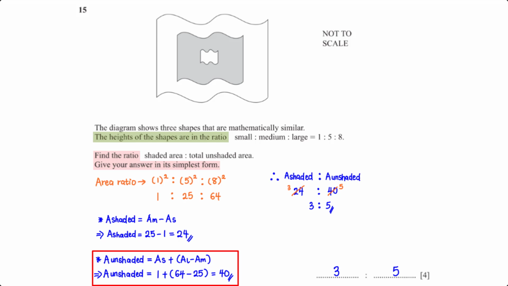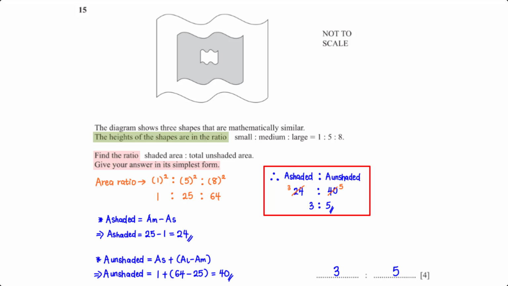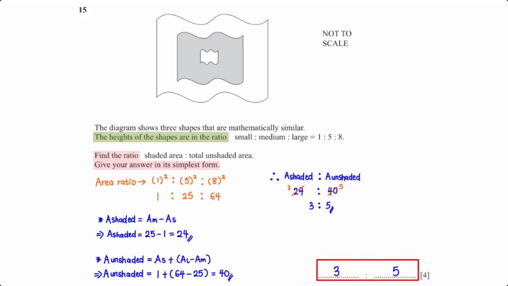This gives us 1 plus 64 minus 25, which is equal to 40. So now the shaded area to the unshaded area will be 24:40. 8 goes into 24 3 times and 8 goes into 40 5 times. We can't simplify this further, and so our final answer is 3:5.